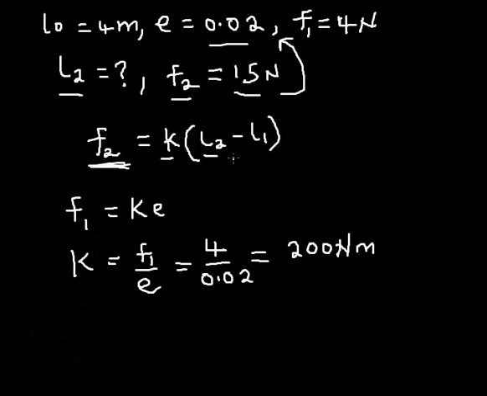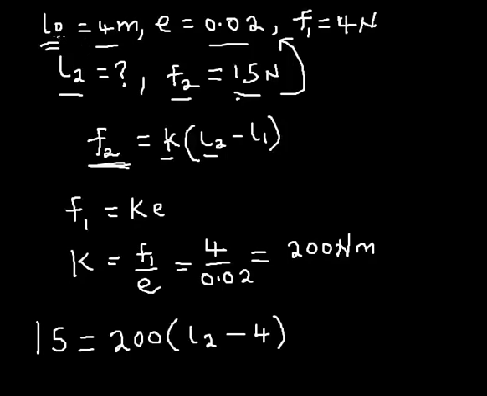So F2 is 15 Newton, equal to K, which I've already gotten, 200, times L2 minus L1. What's my L1? My L1 is the original length of this spring, which is 4 meter.